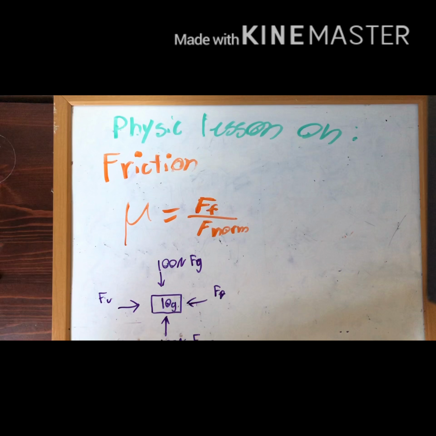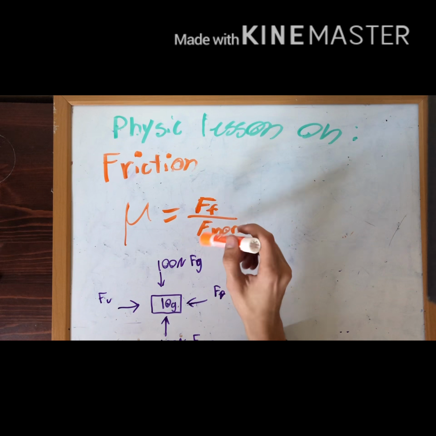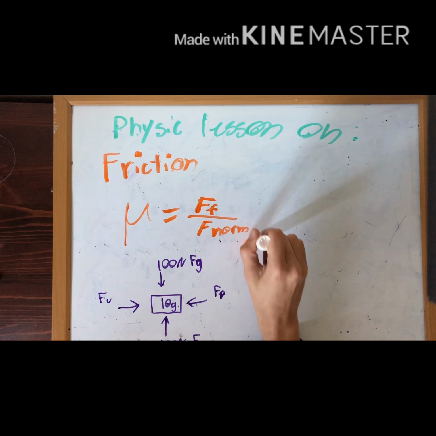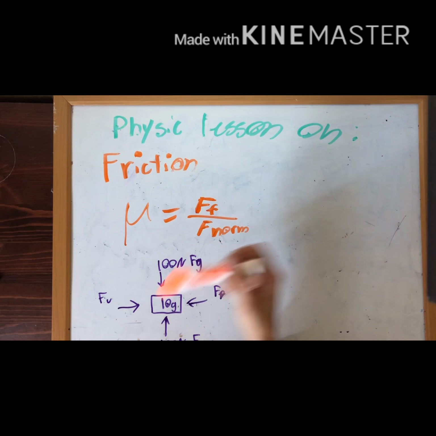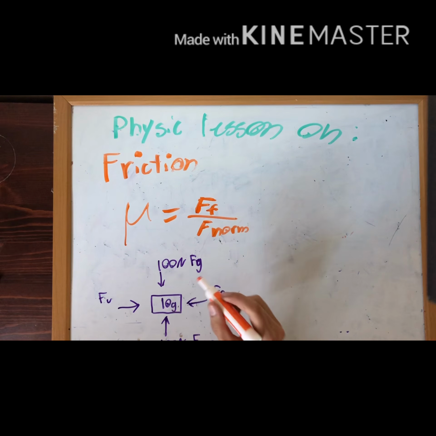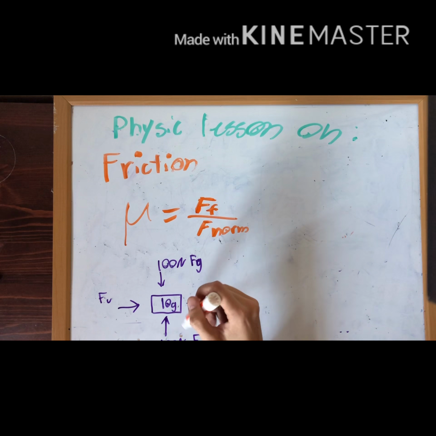Now, another very important part of solving friction problems is understanding what the coefficient of friction is. A coefficient of friction is unitless, and in friction problems it helps you find the force of friction, or maybe even the normal force and the force of gravity. We have the same free body diagram here, with 100 newtons of gravity pushing down on this object and 100 newtons of normal force pushing back.